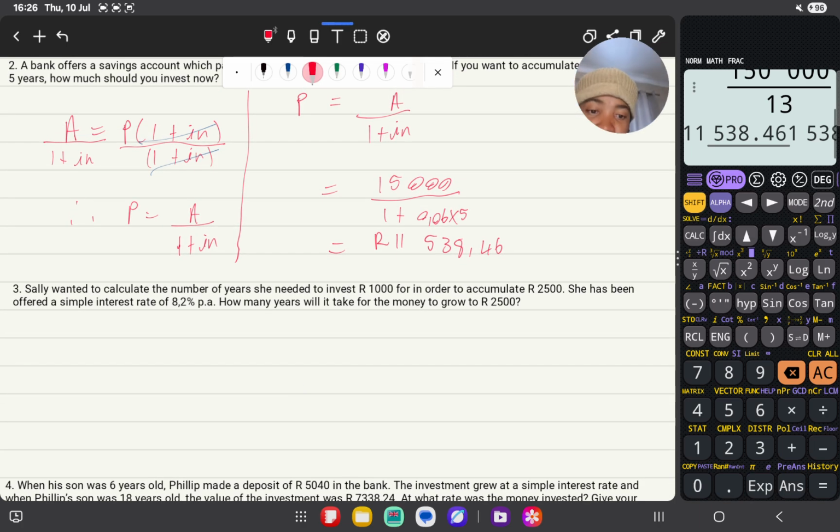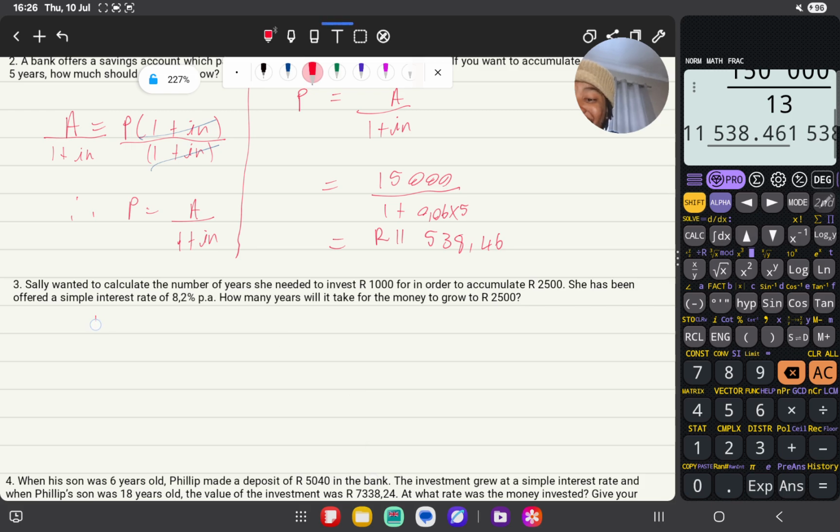Let me start doing it the traditional way first. It's A equals P(1 plus in), right? You write your formula, then you substitute. You want to get to 2,500, you're investing 1,000 rand, and 1 plus i, which is 0.082, multiplied by n, the one you are trying to calculate.